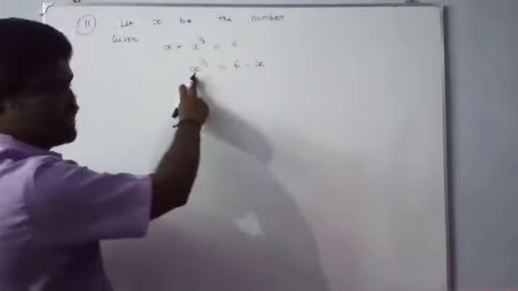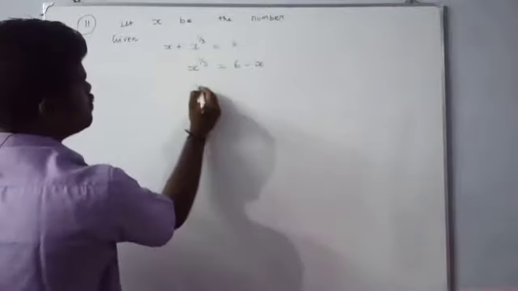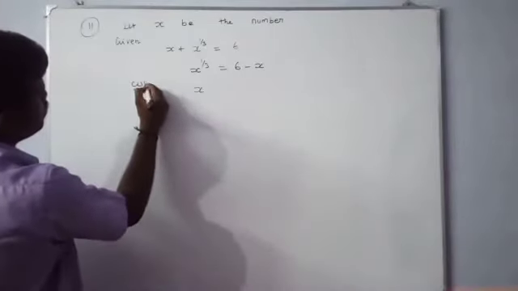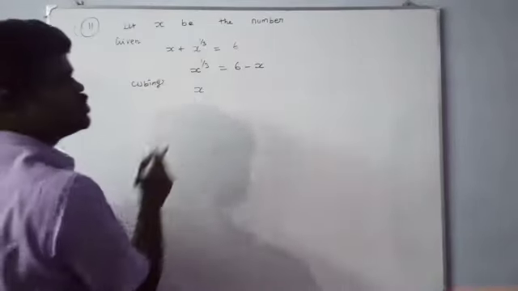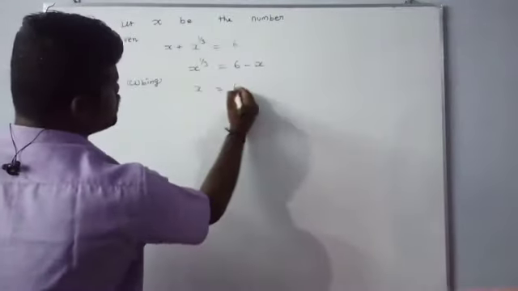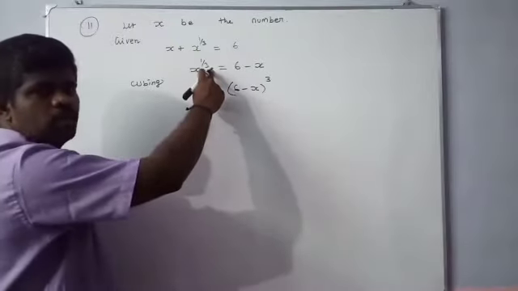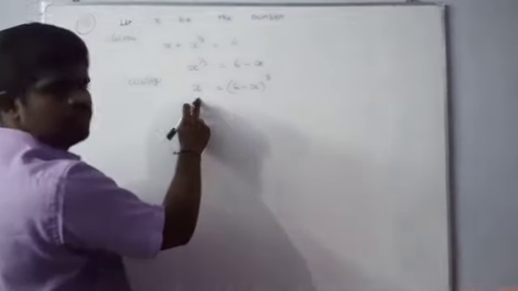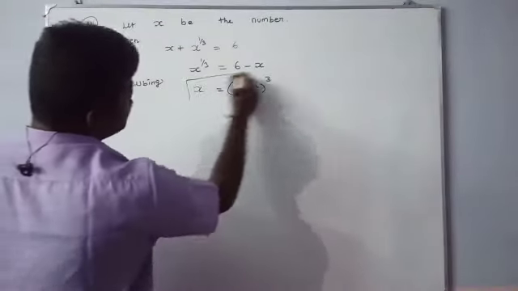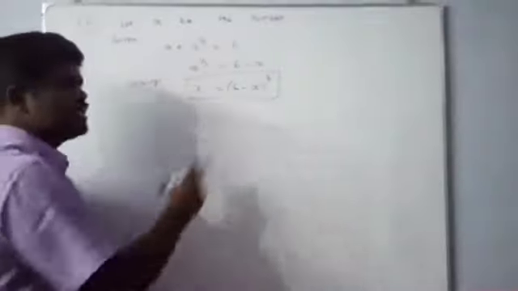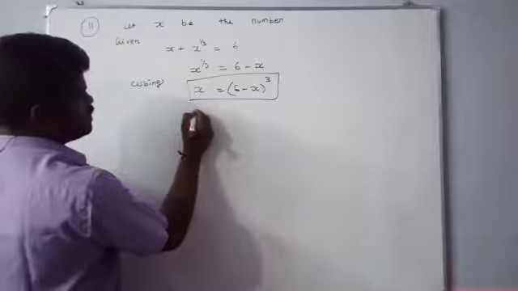We want to find the x value. So cubing on both sides, x is equal to 6 minus x whole cube. Here 1 by 3 and the cube are cancelled, so x. Now this is the mathematical formulation, and we want to expand this.